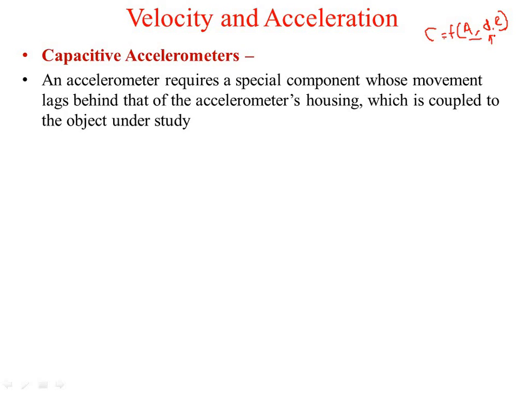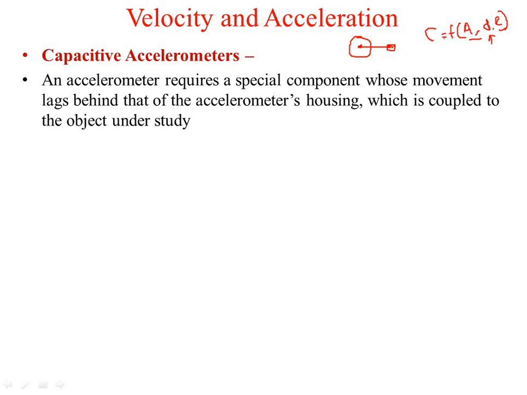So the accelerometer requires a special component whose movement lags behind the accelerometer housing. That means whenever you are putting the accelerometer sensor and it is connected to the accelerometer housing, that is coupled to the object. Let us consider that this is the wheel to which this is coupled, and you want to measure the acceleration or the velocity of this wheel.